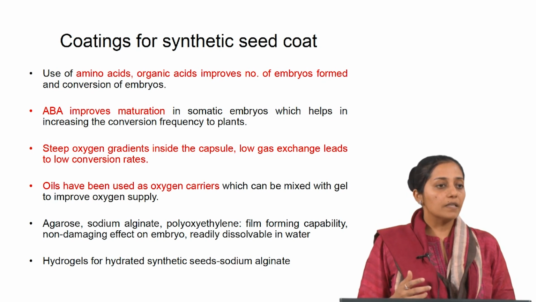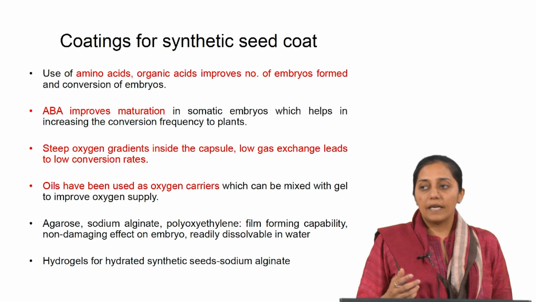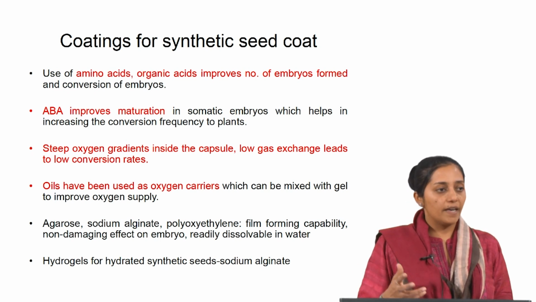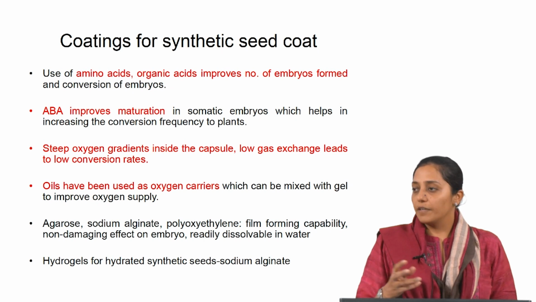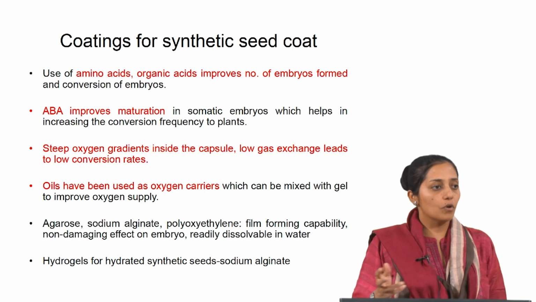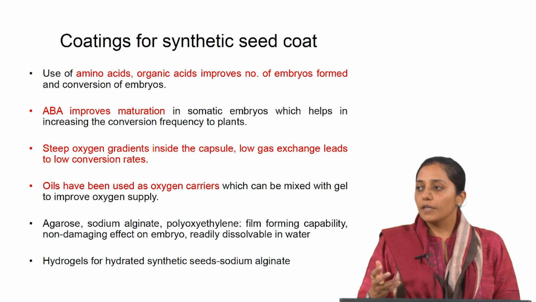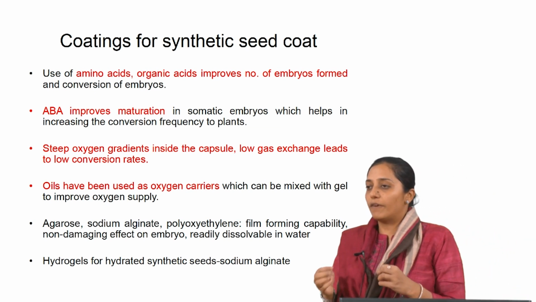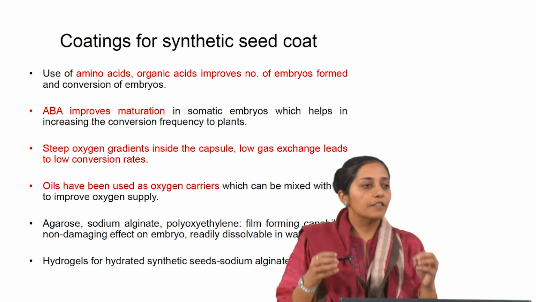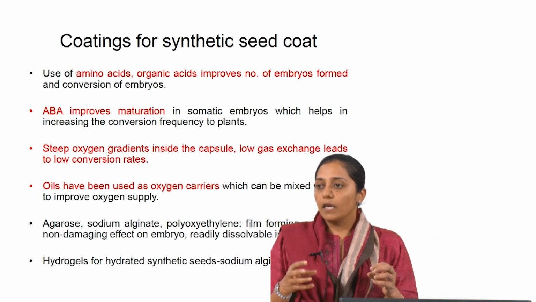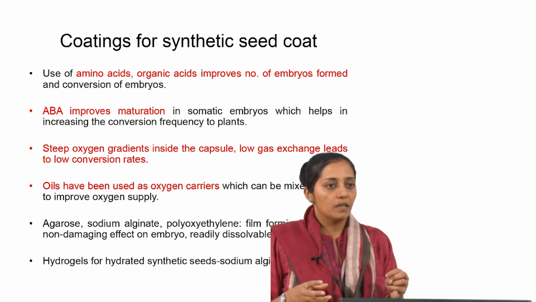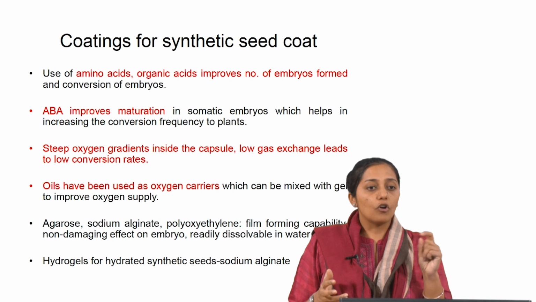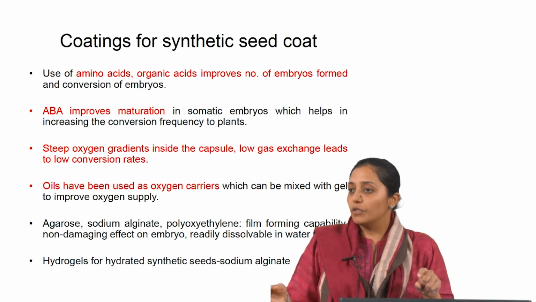These are organic compounds, for example dodecane, or hydrocarbons or hydrofluorocarbons. Why are they used as oxygen vectors? Even in fermentations, oxygen vectors are added in the medium to improve oxygen transfer capacity. How does it improve? Because these have higher solubility of oxygen in comparison to water.